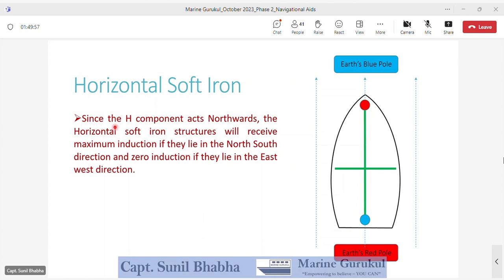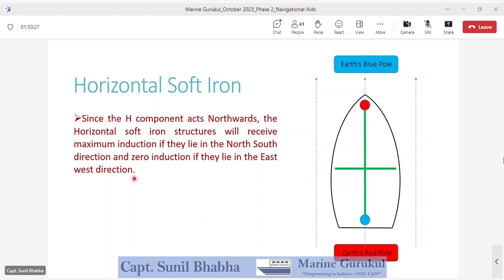Now we know that the H component, the horizontal component of the Earth's magnetic field, always acts northwards. Therefore, the horizontal soft iron structures will receive maximum induction if they lie in the north-south direction, and they will receive zero induction if they lie in the east-west direction.